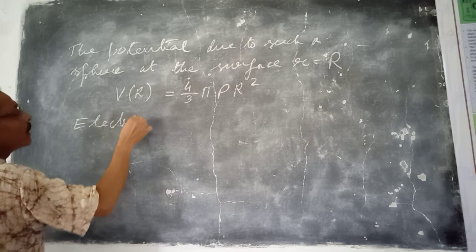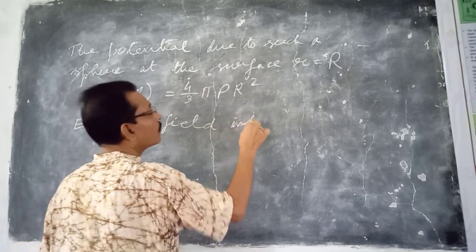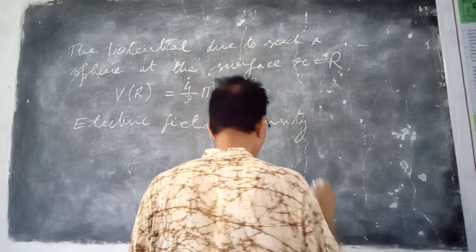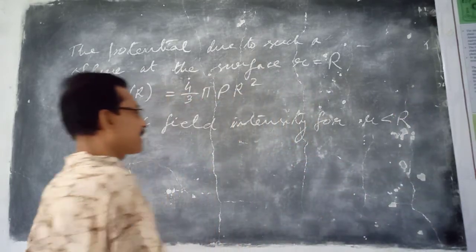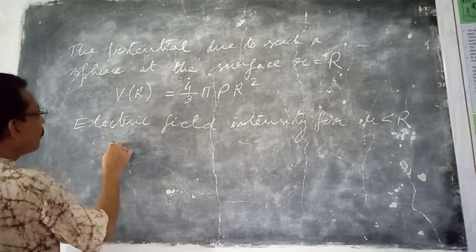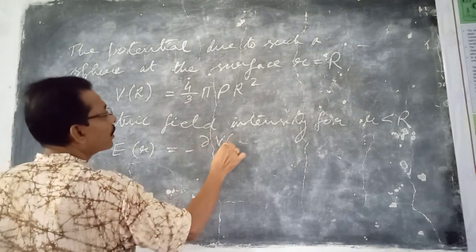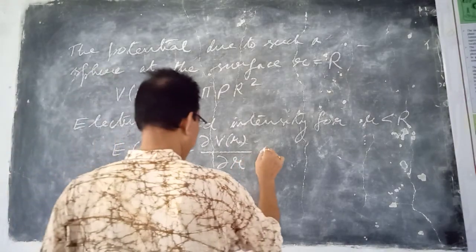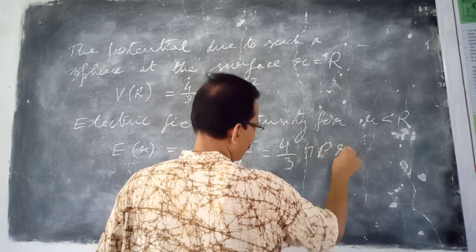So the electric field intensity for small r less than R, within the nuclear volume, is the negative gradient of the potential, that is 4/3 pi rho r.